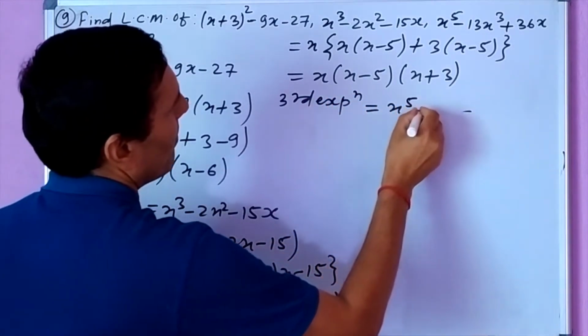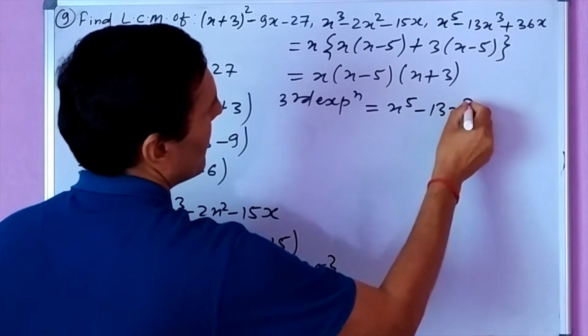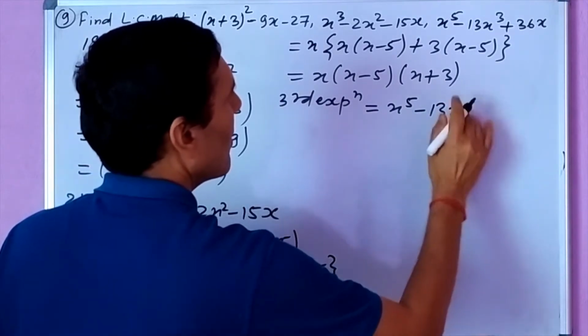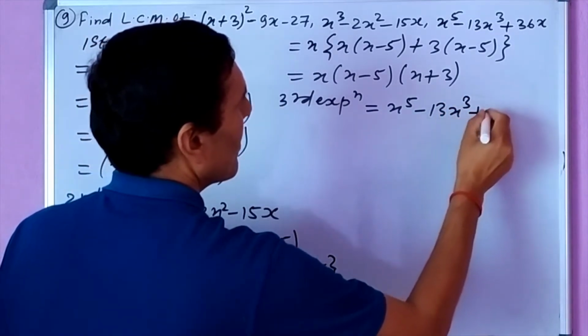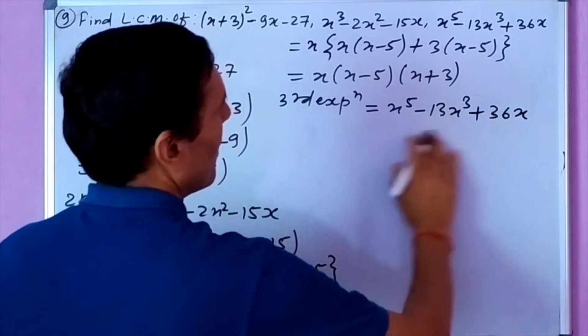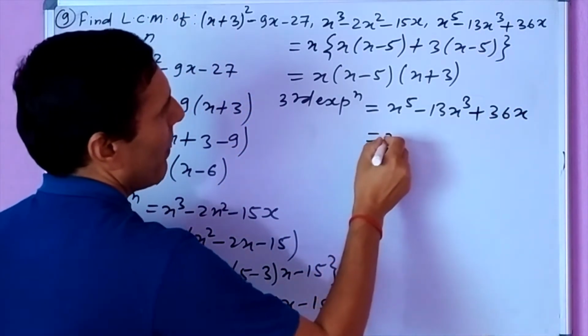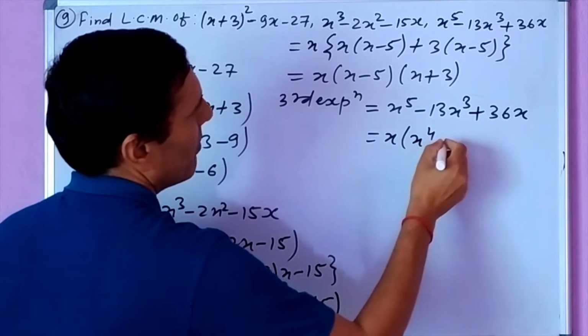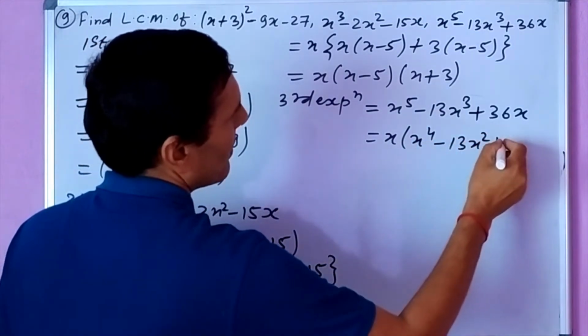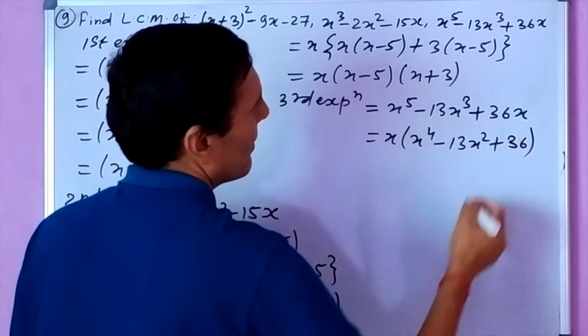x⁵ − 13x³ + 36x. We have x common here also, and remains x⁴ − 13x² + 36.